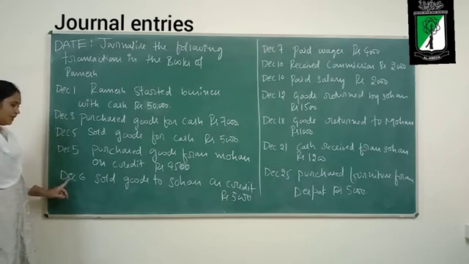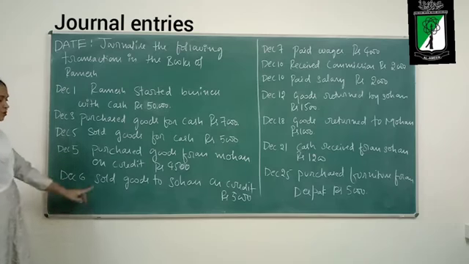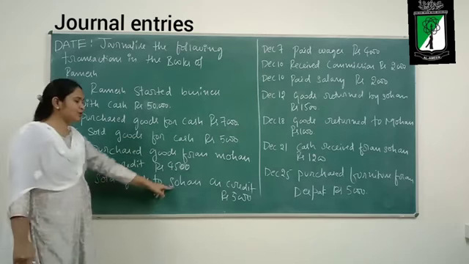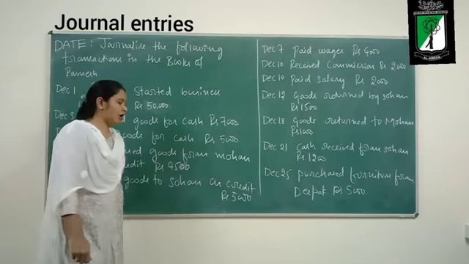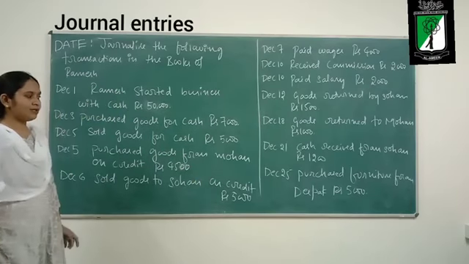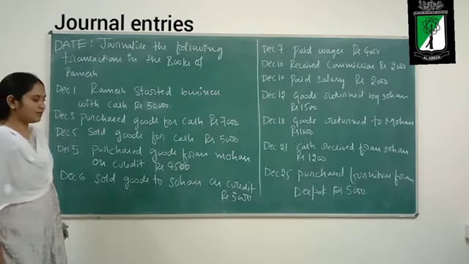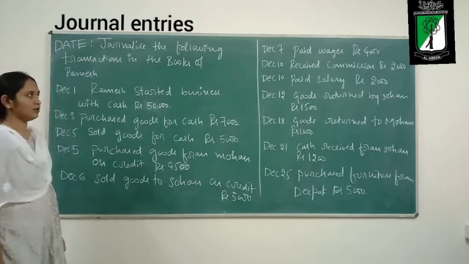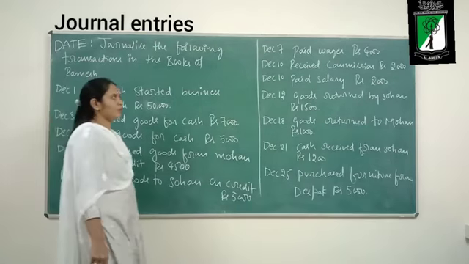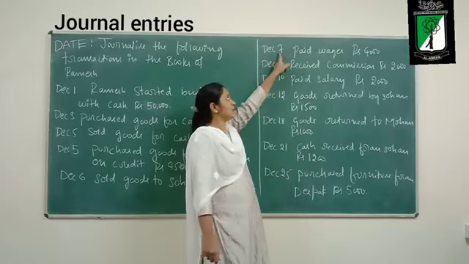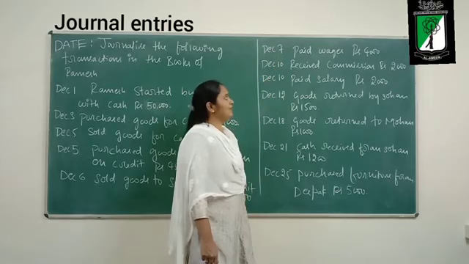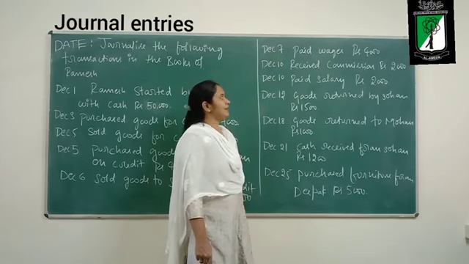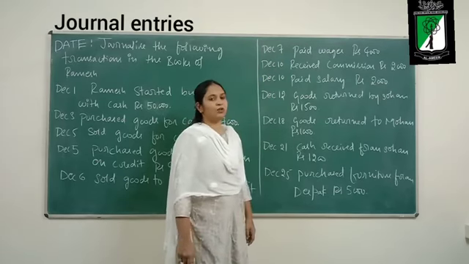Next is December 6th, sold goods to Sohan on credit rupees 5,000. Next, December 7, paid wages rupees 4,000.